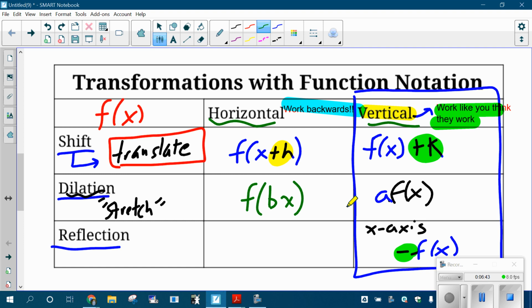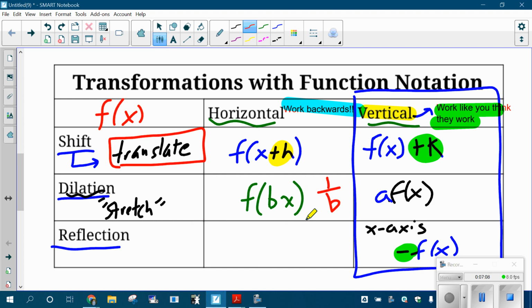So the factor you are dilating by is the reciprocal of whatever that number is. So if you have f of 2x, it's not a horizontal dilation by a factor of 2, it's a horizontal dilation by a factor of 1 over 2. Okay, it works backwards. It's not twice as wide, it's half as wide.